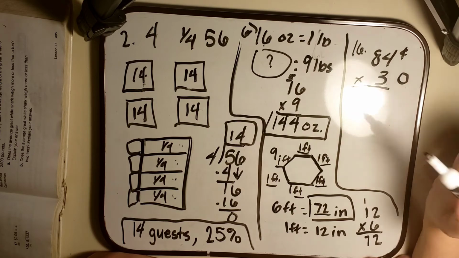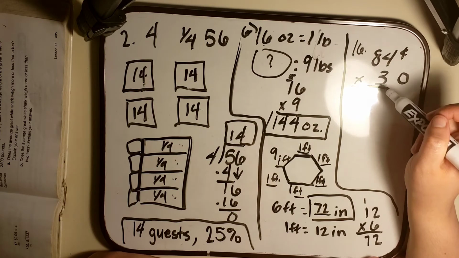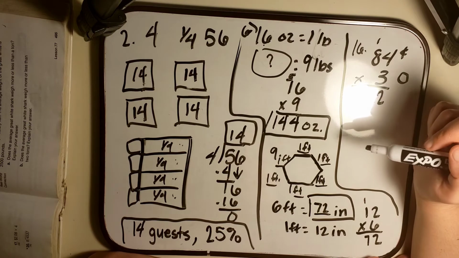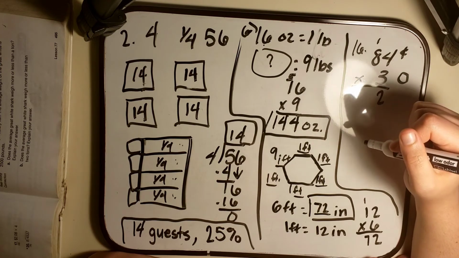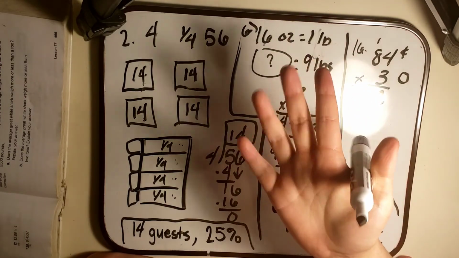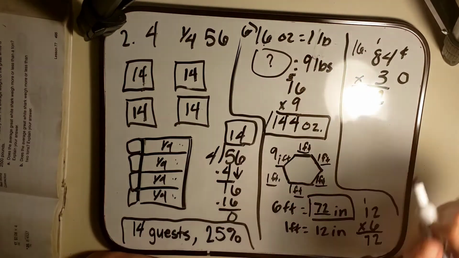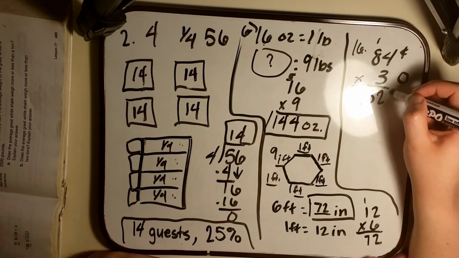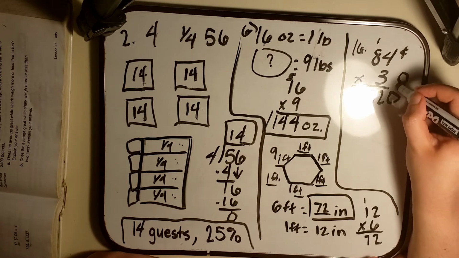Remember, he kind of goes away for a little bit. He'll join his friends later. So 3 times 4 is 12. And 3 times 8 is 24. 3, 6, 9, 12, 15, 18, 21, 24. There we go. 24 plus 1 is 25. And then that 0 is going to come back and join his friends.